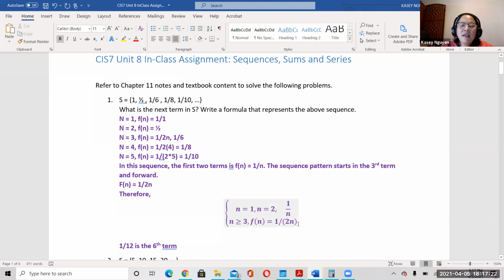And for us, when we're trying to solve for the sixth term, 2, 4, 6, for the sixth term we would use this equation, f of n is equal to 1 divided by 2 times n.